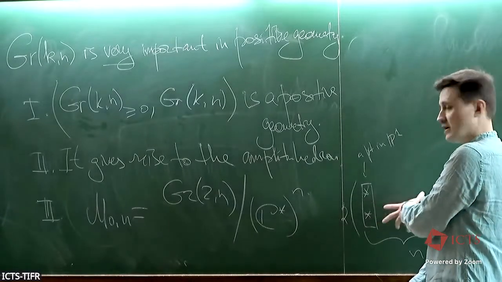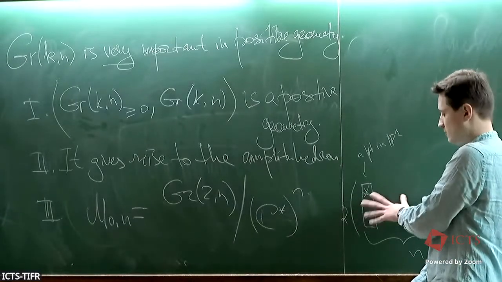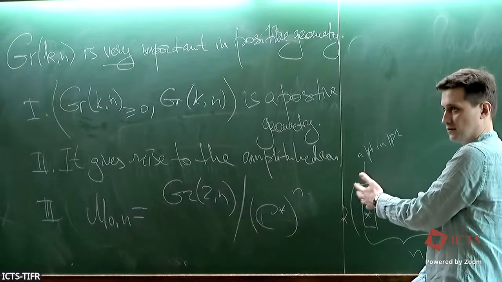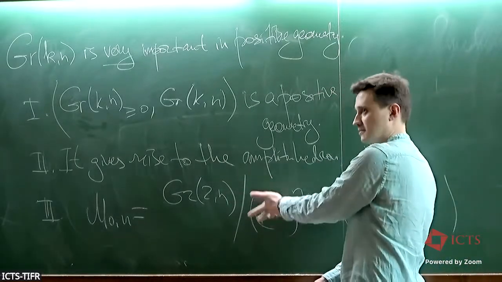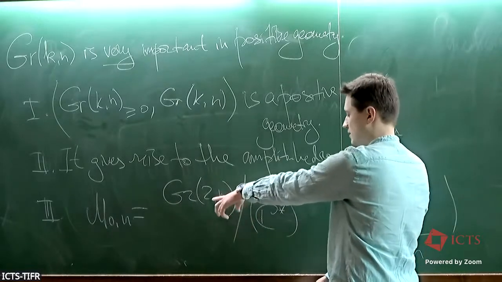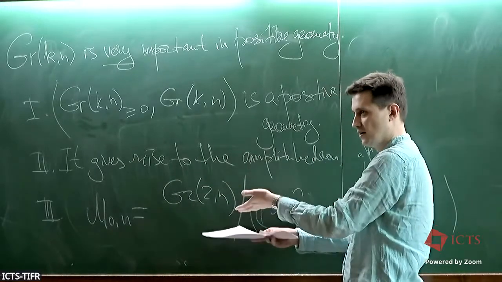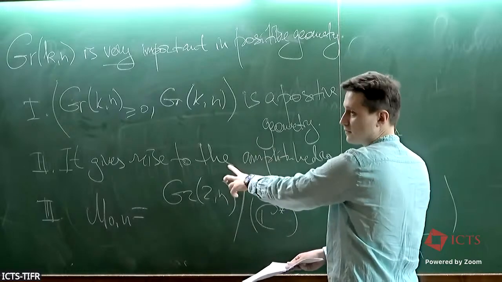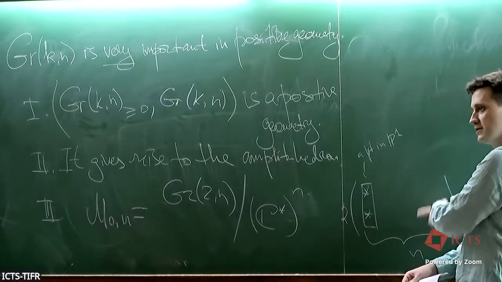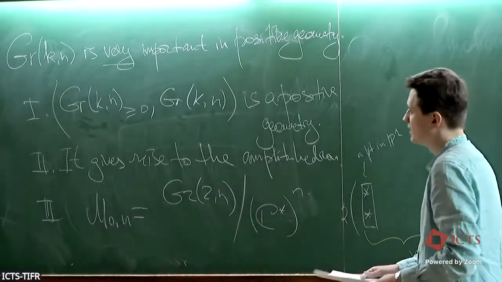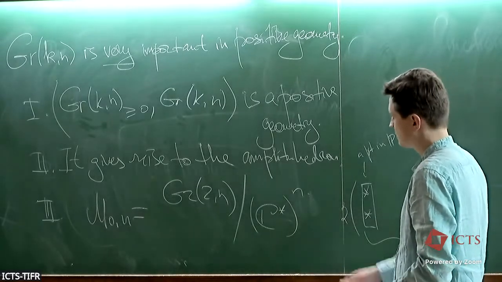And then you want to identify matrices which are obtained from each other by independently multiplying columns by some complex number. And this mathematical notation basically means that we say the 2 elements in the Grassmannian are the same if there's a matrix representative for each of them such that they are related by this multiplication by independent scalars in each column.